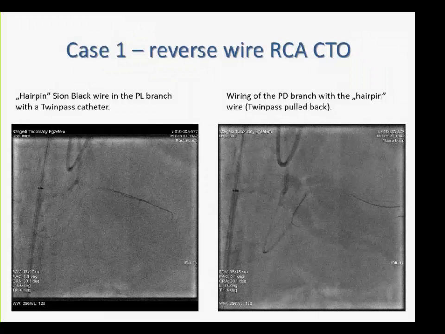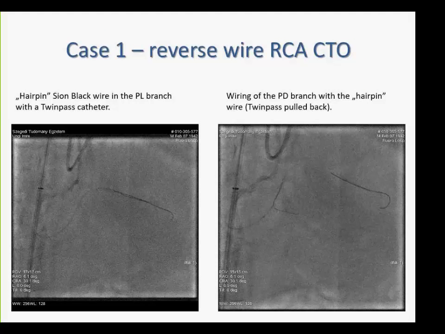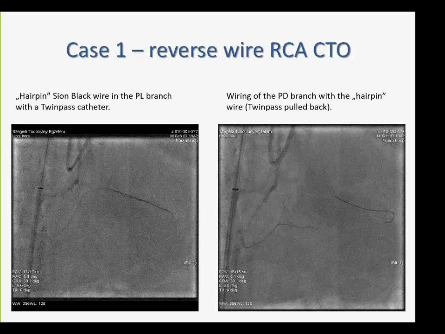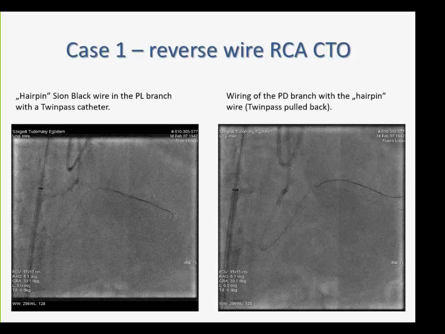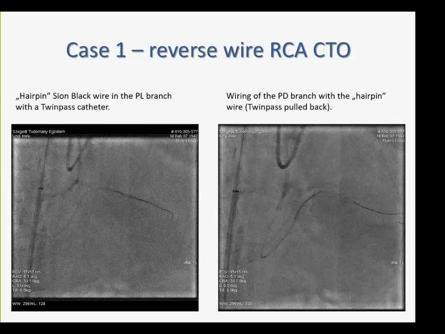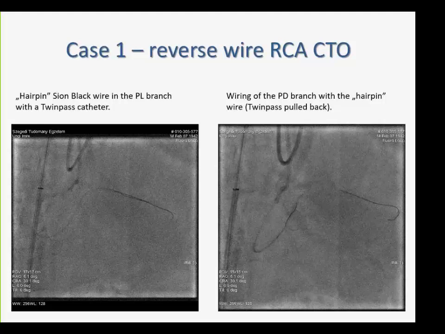This unit of the microcatheter and the hairpin Sion Black was introduced again on the wire in the posterolateral branch.